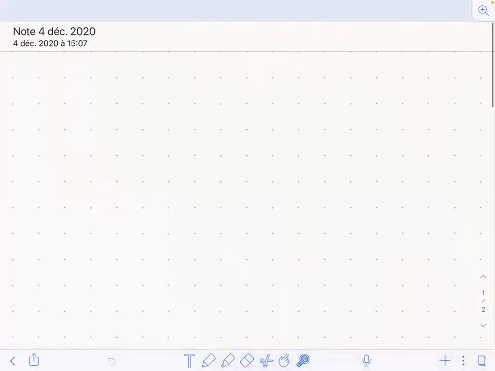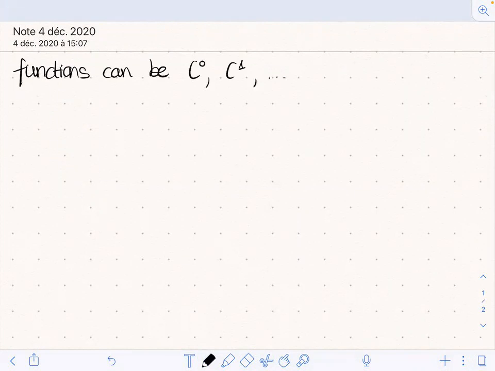So the question. What we said is that functions can be C0, C1, all the way up to C infinite, and that's always on an interval or on a set.